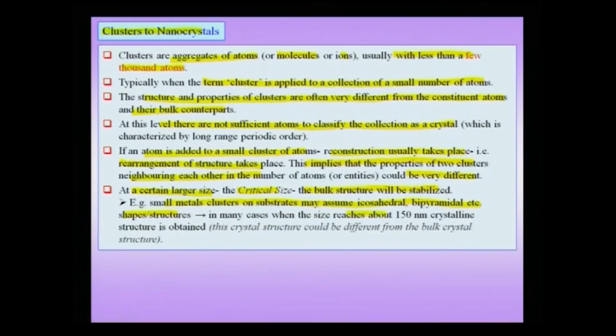In many cases, when the size reaches about 150 nanometers, the crystalline structure is obtained. That means that in the small cluster regime, there are certain polyhedral shapes which are not crystalline, or they are just clusters. When you reach about 150 nanometers, you obtain the large bulk crystalline limit, and in between the two, you could be stabilizing, for instance, different kinds of crystal structures which are not the bulk crystal structure.